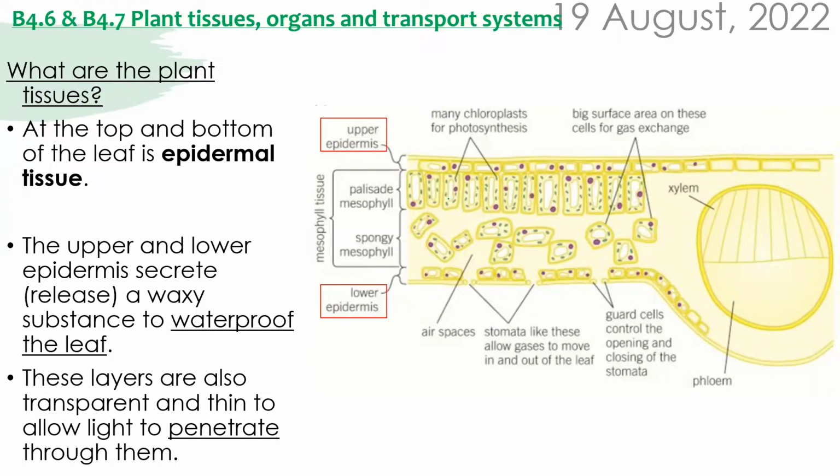You might have heard your skin called epidermis, and that's actually what it's called here as well, the upper epidermis. Epi means sort of the top of, the surface. So the upper and lower epidermis, we're still talking about a leaf, remember, just sounds like our skin, secrete a waxy substance.